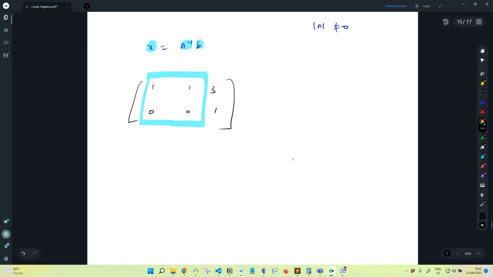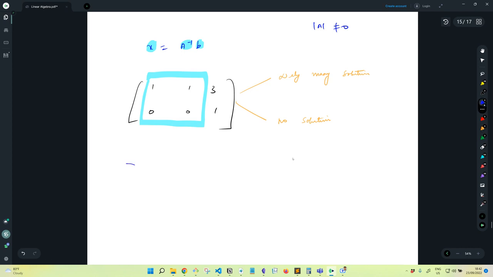Now, if you ever encounter such a case, then only two cases are possible. One is you have infinitely many solutions, and the other is you have no solution. Earlier we saw a case where you have a unique solution.